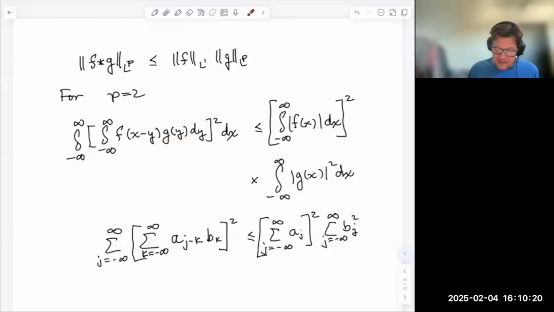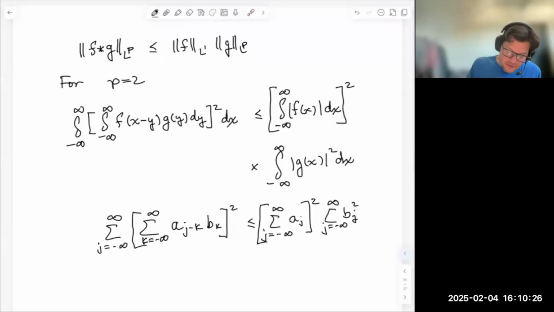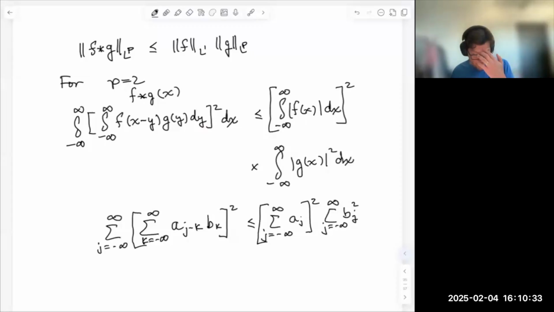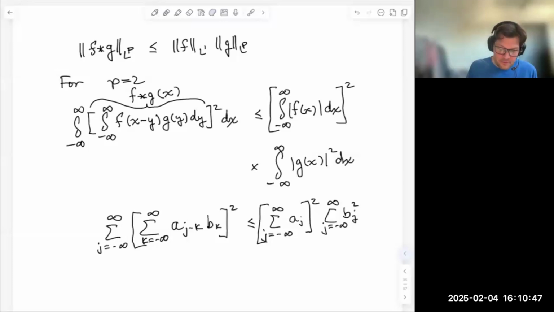So we integrate out the variable y, and we're left with a function called the convolution, f star g, which only depends on x. And of course, we're squaring that, and then taking the integral of that as a function of x. All this business here is just what we call a convolution. That's a continuous space convolution, or the usual convolution.